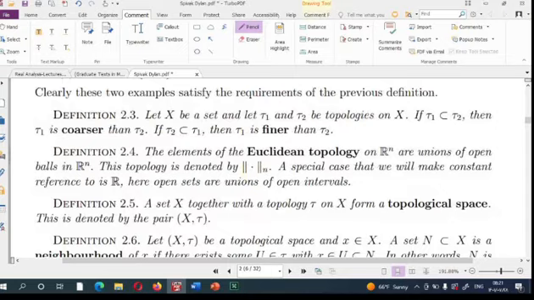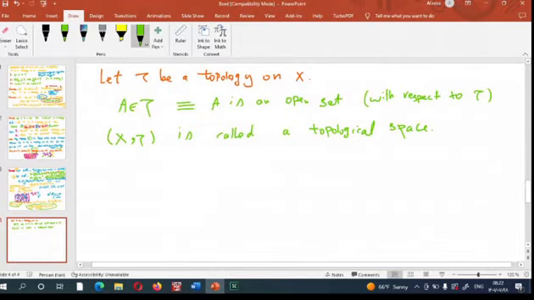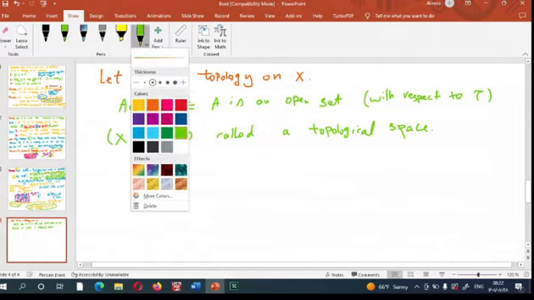In this definition or example, Euclidean topology, we see that as an example.